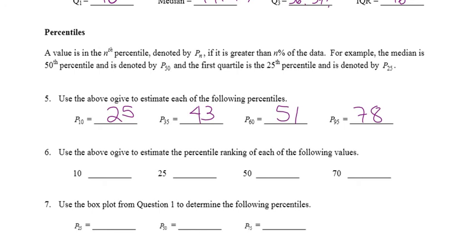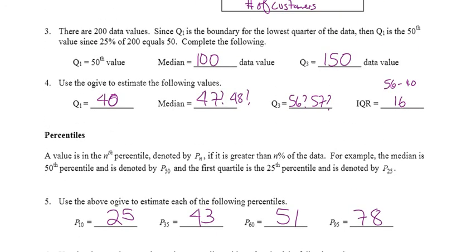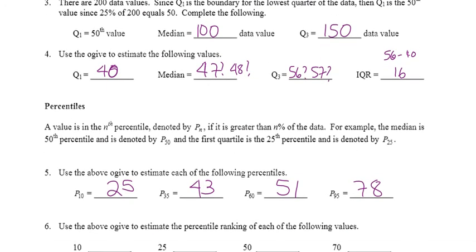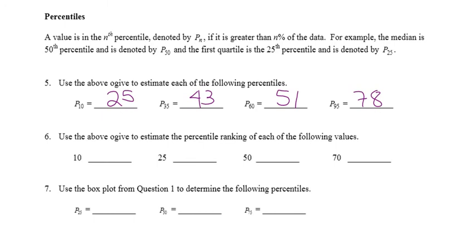So if you have a value of 10, then what percentile is it? So we're going backwards. It's in the first percent.